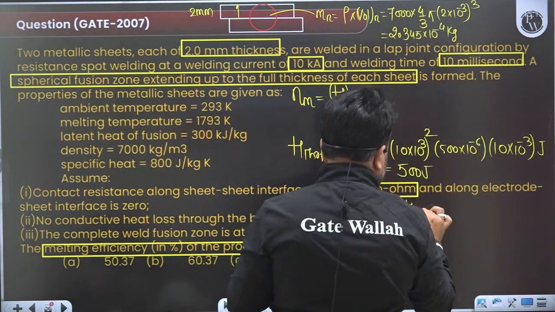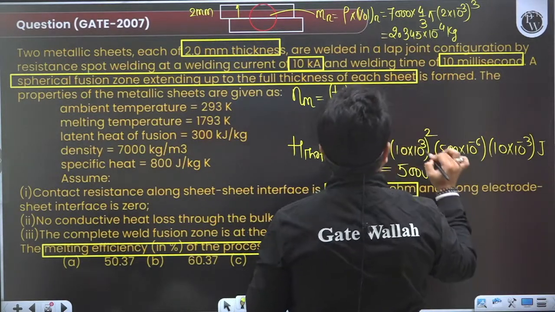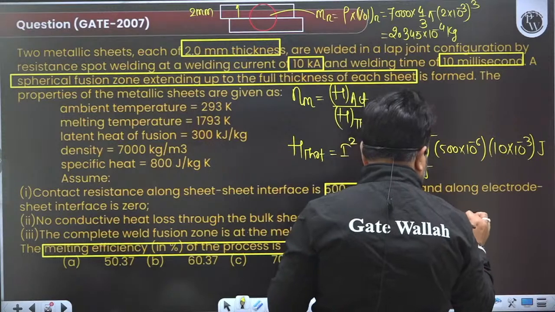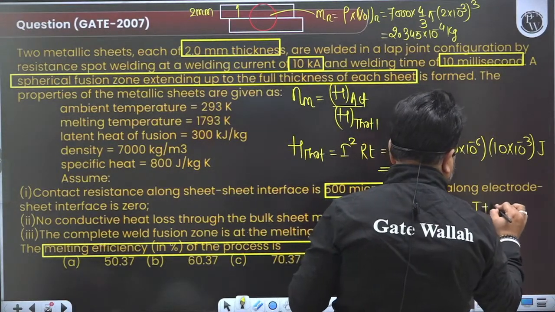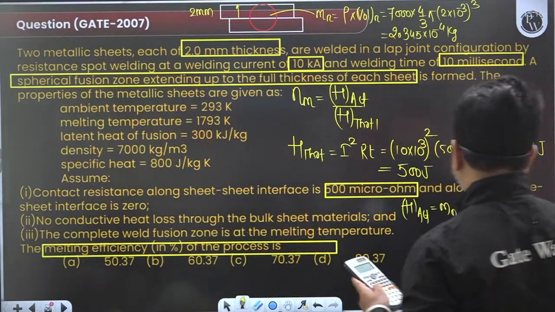Now the actual heat, that is mass of the nugget times C delta T plus mass of the nugget times latent heat. Latent heat is given.